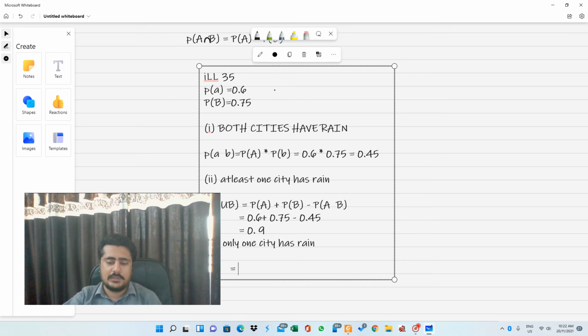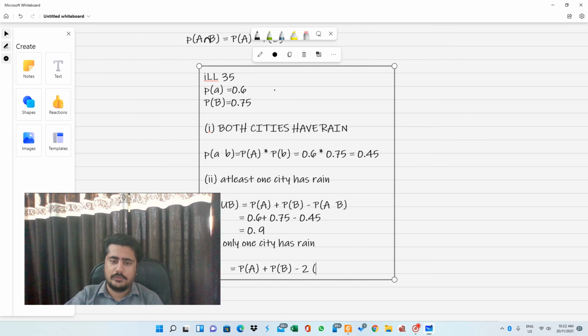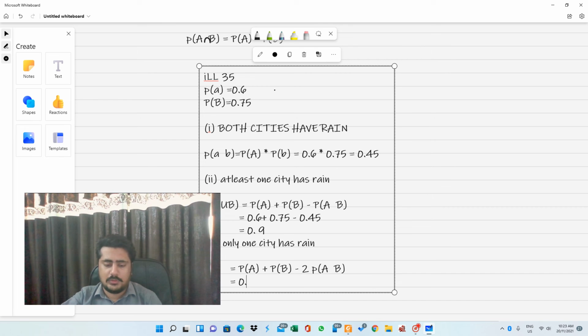We don't have any symbol for this, but the formula for only one is P of A plus P of B minus 2 into P of A intersection B. Now this A is 0.6 plus this B is 0.75 minus 2 into the intersection, 0.45.